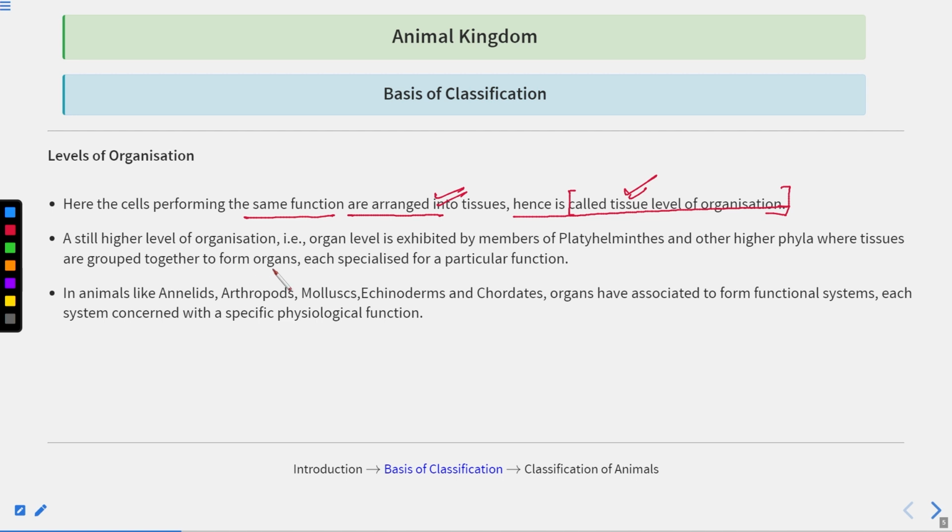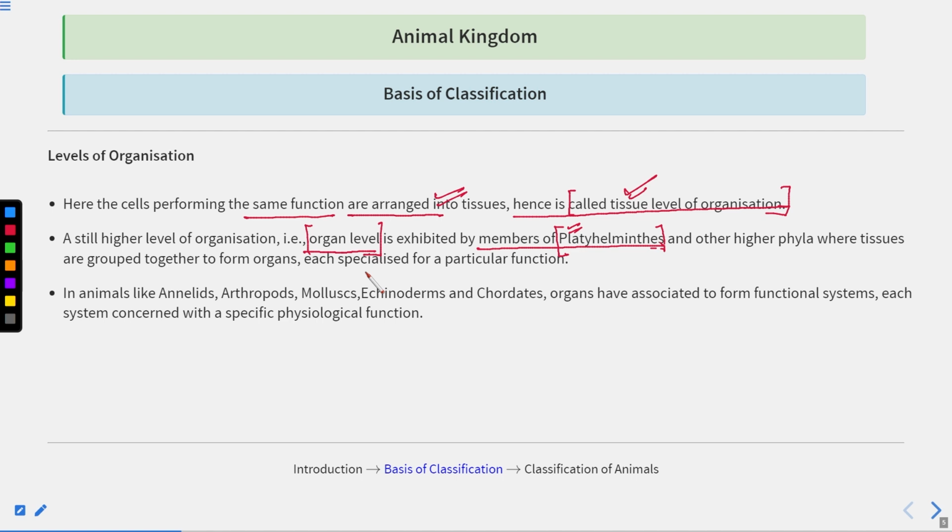A still higher level of organization, that is organ level, is exhibited by the members of platyhelminthes. When you reach the next phylum, platyhelminthes, after the ctenophora, you see that they have different organs. For the excretory system, they have the flame type of cells. They have a reproductive system, right?